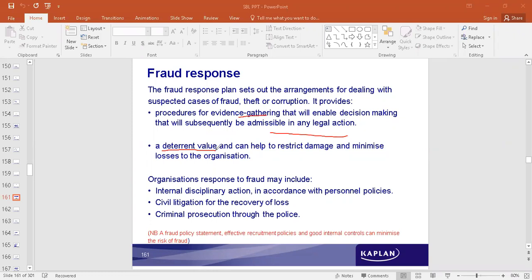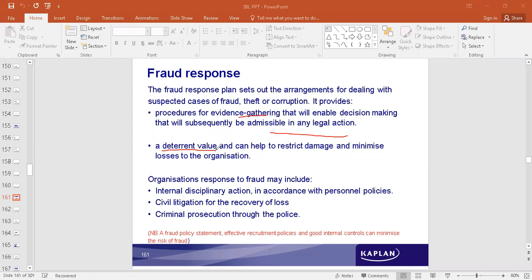But if the management's response is about fraud deterrence, and they take legal action, it will prevent such a thing from happening. So they include into their internal control system the procedure of how to deal with a situation where fraud was detected. A deterrent value can help to restrict damage and minimize losses to the organization.